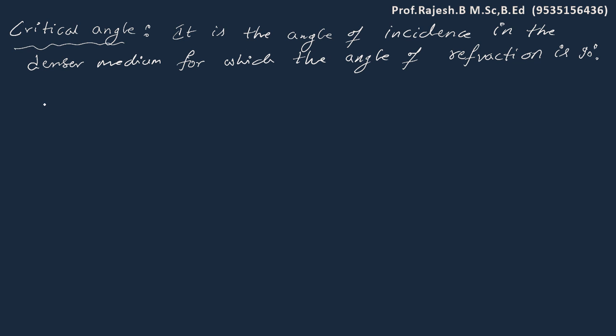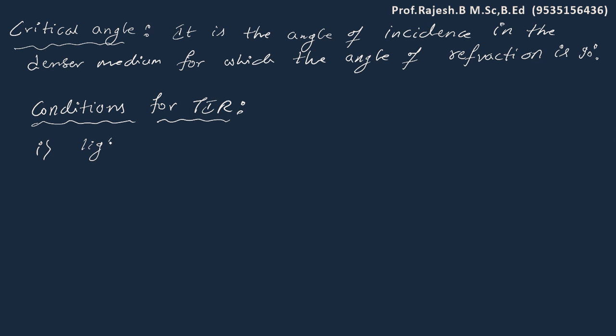Next, conditions for total internal reflection. There must be two conditions. The first condition: light must travel from denser to rarer medium.